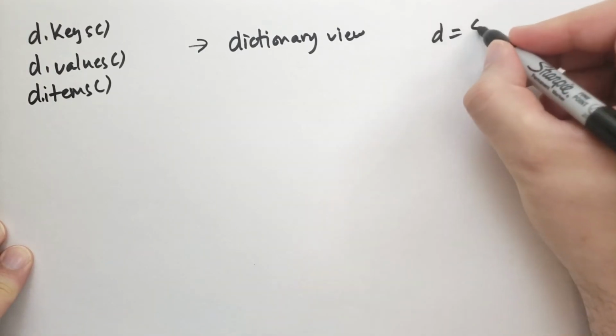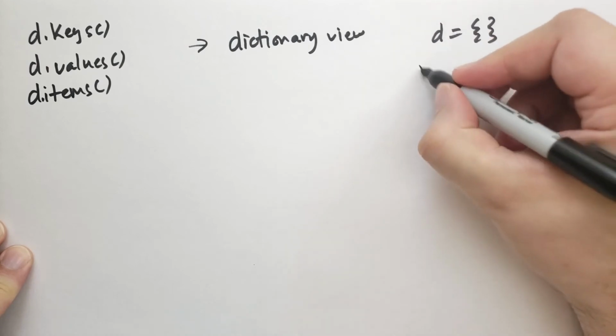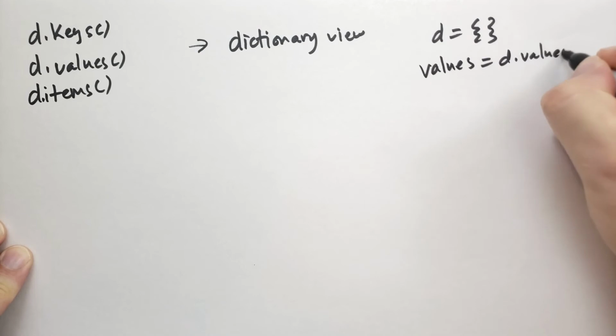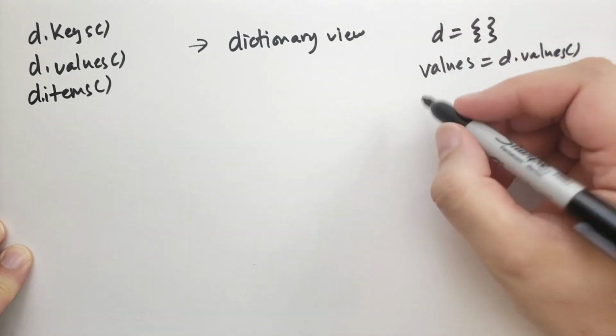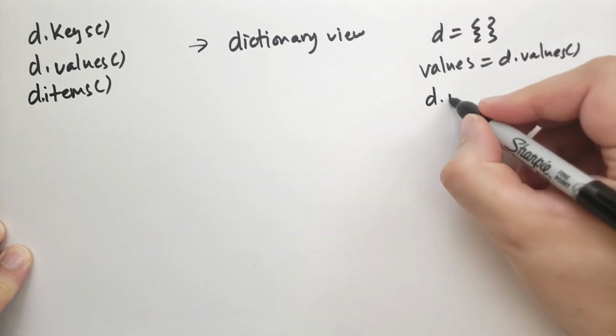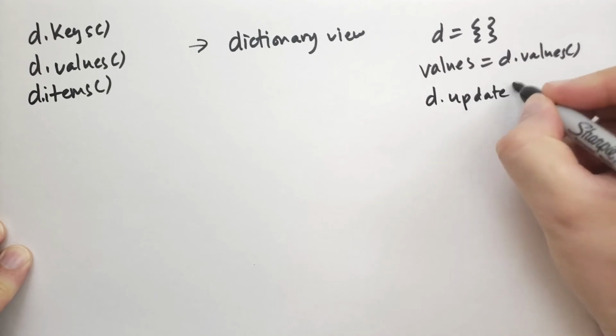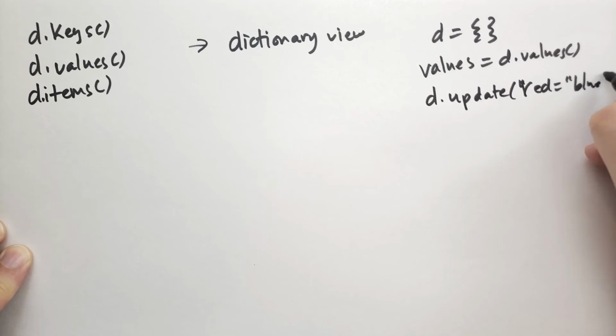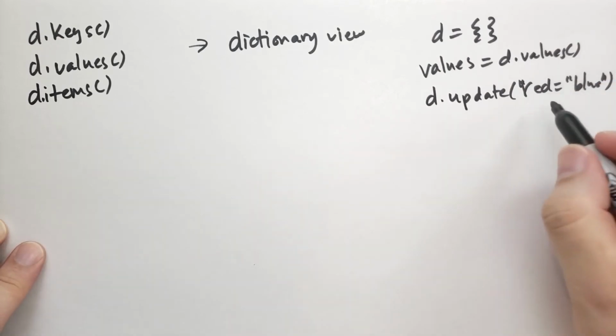So let's say we have an empty dictionary, and then we say values is equal to d.values. Then we update that dictionary, setting red to be blue. There's no quote there, it's just the keyword red.